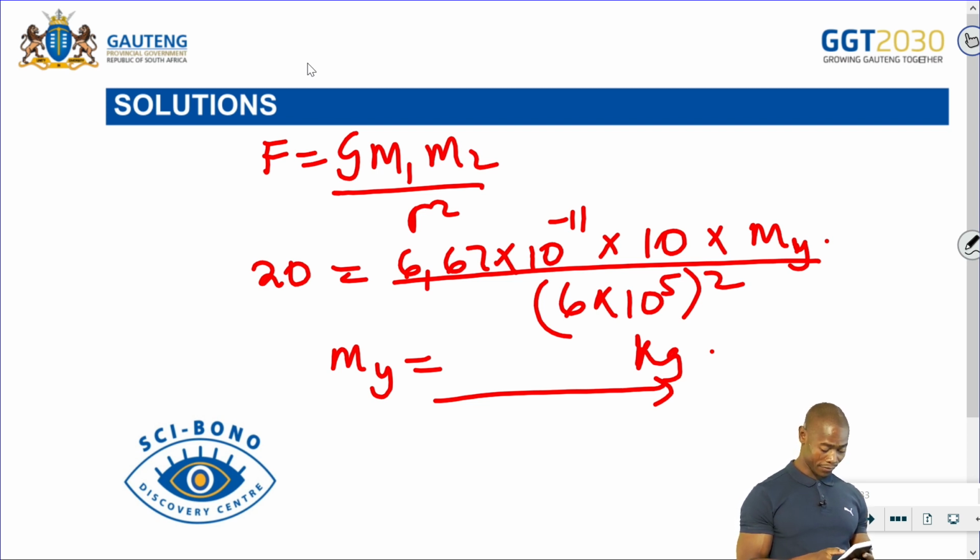Oh, times 10, I forgot the 10 there. You divide that by 6, open bracket, 6 times 10 to the power 5, all squared. Okay.